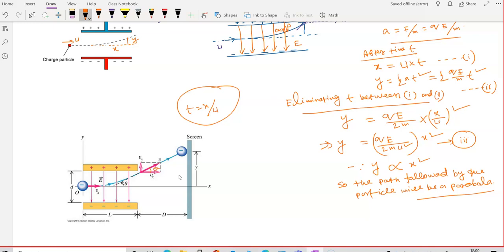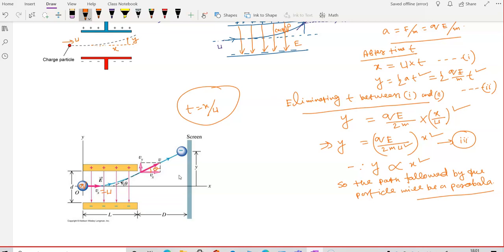Now can you tell me what is the time taken by the charged particle to travel from this part to this part? They have taken an arbitrary negative charge. I am writing q charge here. So the question is, how long does it take to travel this path, L distance, because that's something like projectile motion, a projectile thrown at some angle. Gravity will not affect its horizontal motion. So the velocity with which it started, they have taken Vx, I have taken u. With the velocity u the particle has started, this velocity will never be affected.